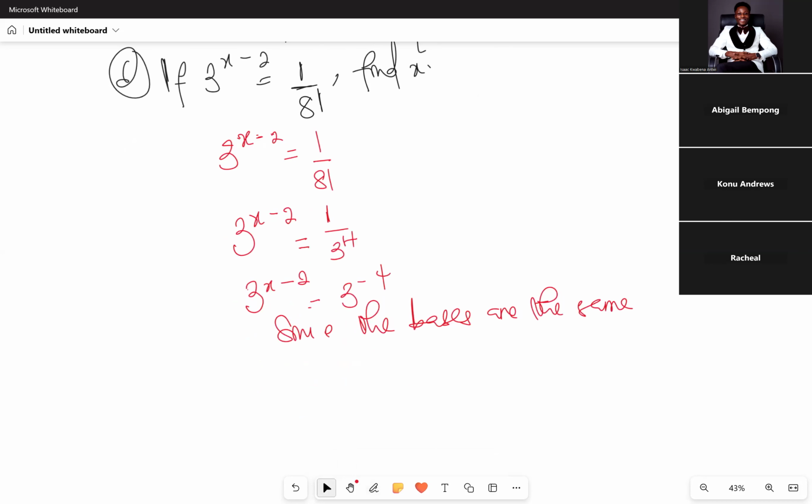Since the bases are the same, x minus 2 equals what? -4. So x equals -4 plus 2. So this is it.